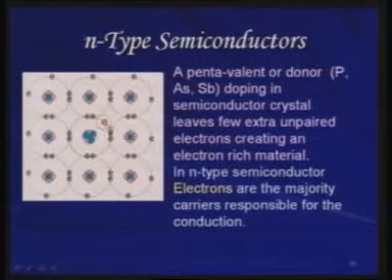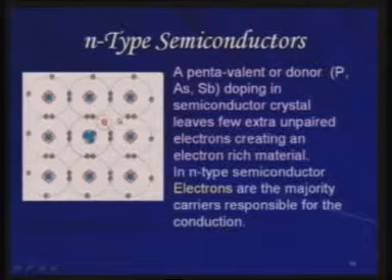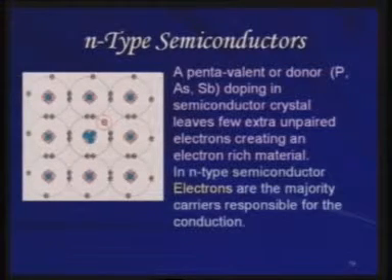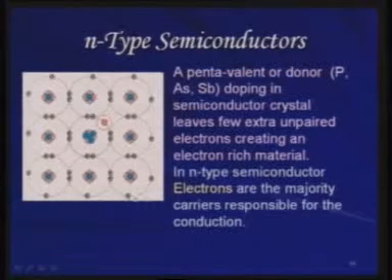However, because it is pentavalent, it is still left with one more additional electron which it can donate to the crystal for conduction. So in this case the carrier is the electron, and this is what we call an N type semiconductor. In N type semiconductors, the electrons are the majority carriers responsible for conduction.